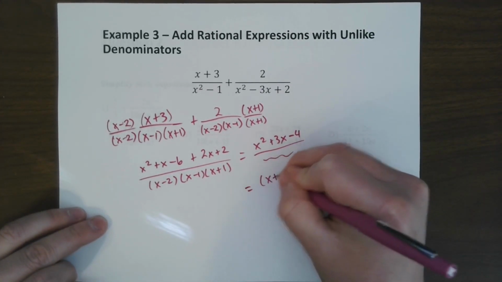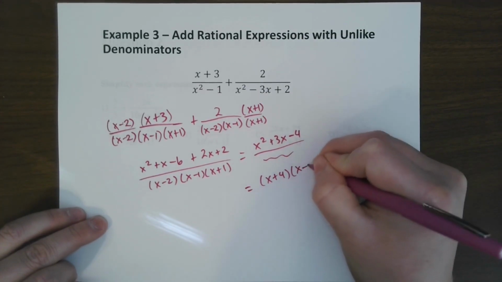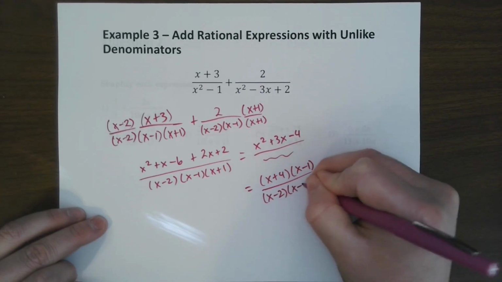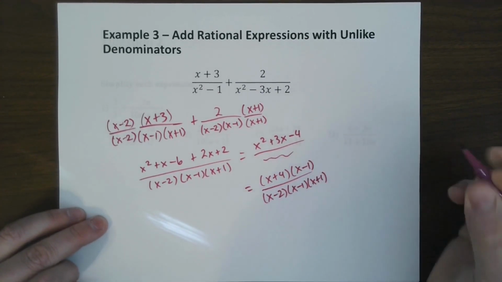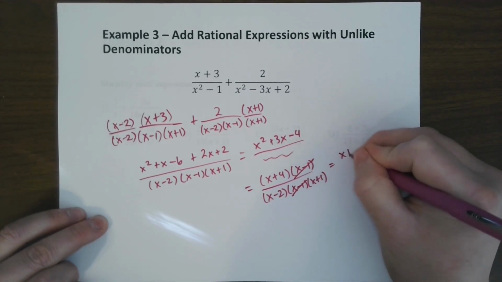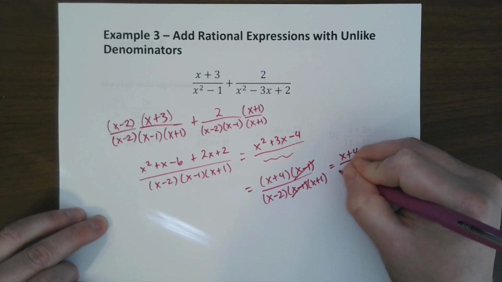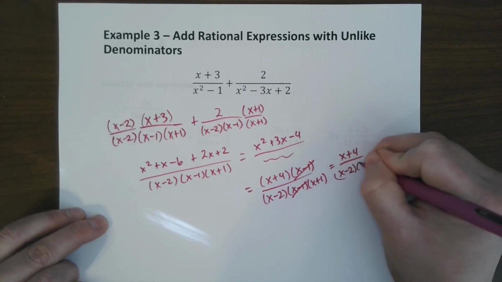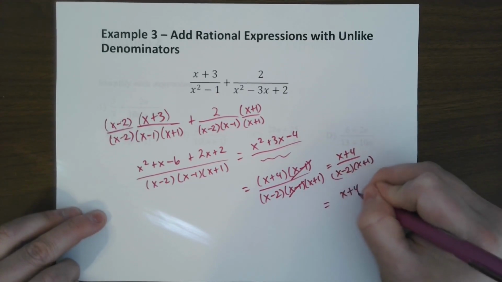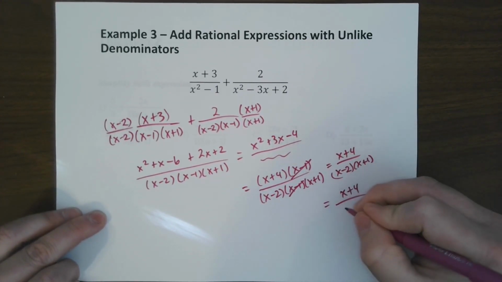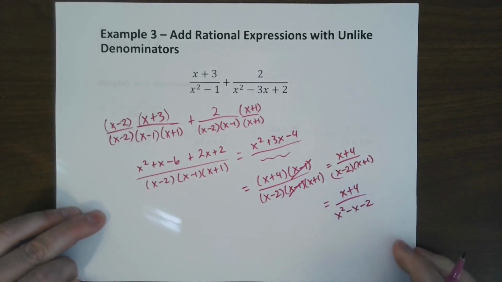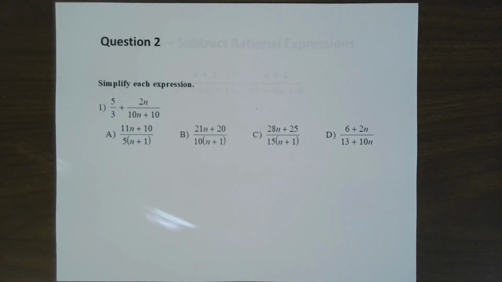So we get x plus 4, x minus 1. We factor the top. And now we just cross cancel. So these cancel, and we have x plus 4 over x minus 2, x plus 1. And if you want, you can multiply it back together if necessary: x squared minus x minus 2. Go ahead and try this problem.